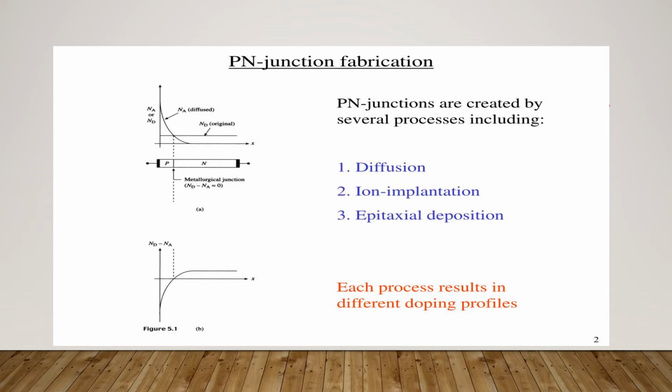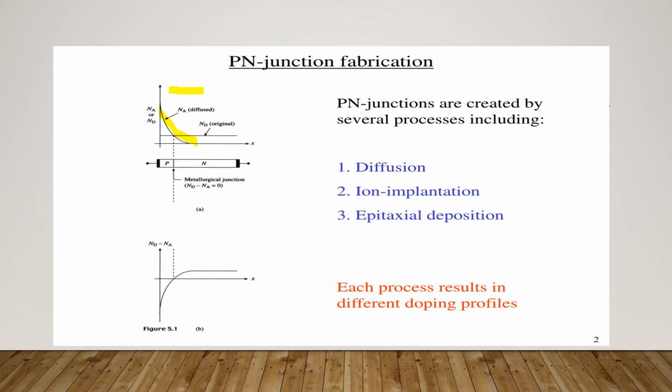Here you can see in this graph the acceptor ions which are diffused. There was the highest concentration of acceptor ions, and they move until they are diffused along the length of the bar.